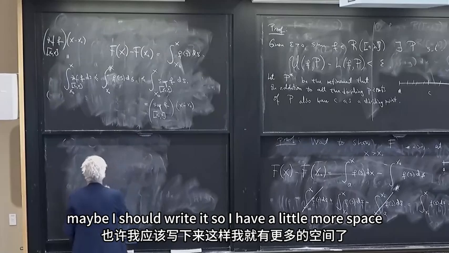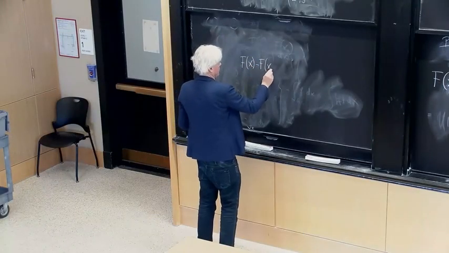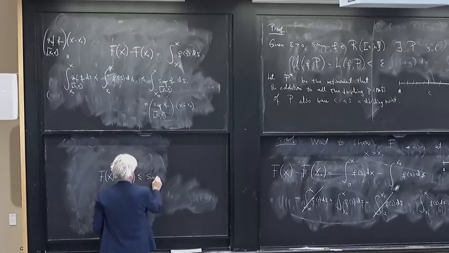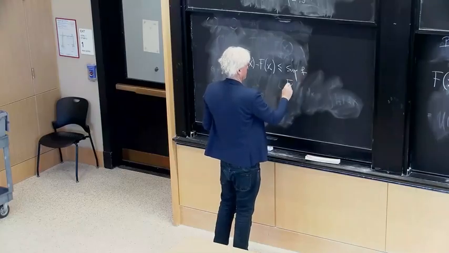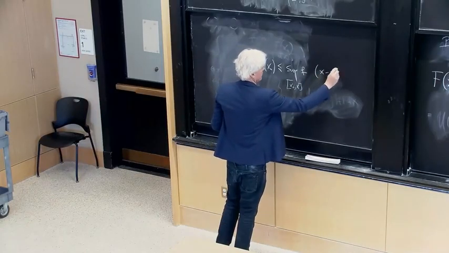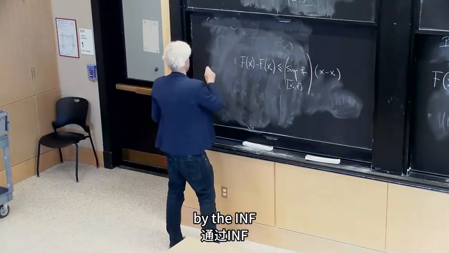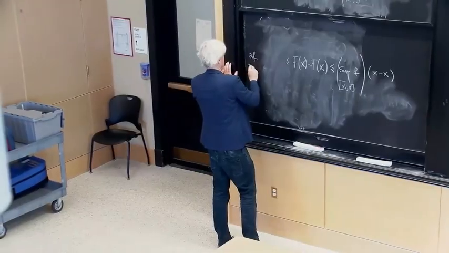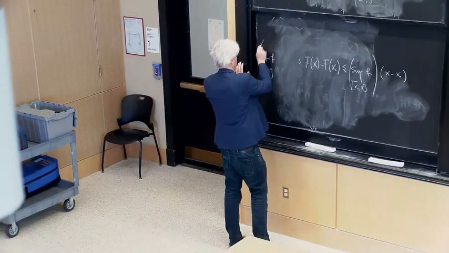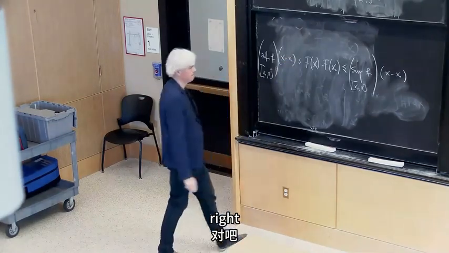So I can now just write that this difference here, maybe I should write it so I have a little more space, F of x minus F of x0, the difference, is bounded from above by this thing here, the sup of f on this little interval times x minus x0, and it's bounded from below by the inf on that same interval times the length of the interval, right?